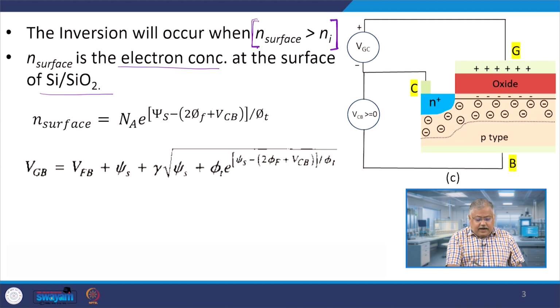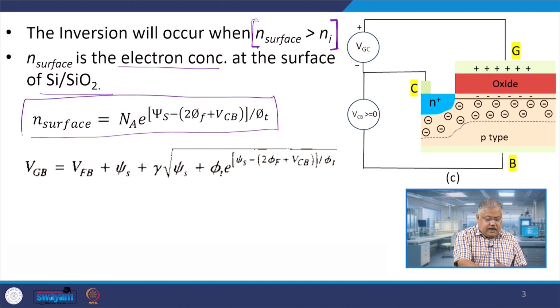Therefore, we write down N surface to be this formula here, where Na is the doping concentration of the p type by which you dope it, and psi s is the surface potential. Remember 2 phi f, why is it 2 phi f now? Remember, 2 phi f was the minimum amount of bending of the intrinsic Fermi level so that your inversion is there.